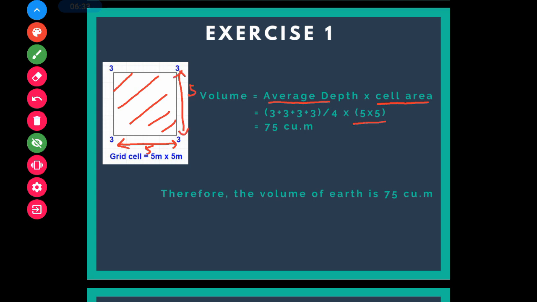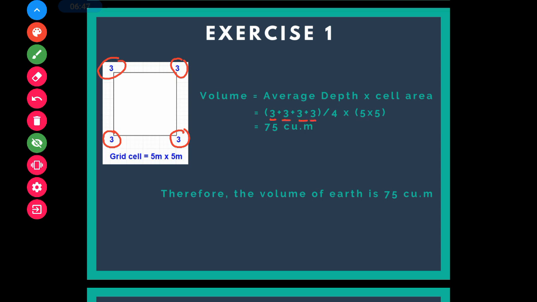And then the average depth, if you look at this grid cell, the depth is the same. So how to get the average? You just add 3, 3, 3, 3, sum up, and then divide by 4 because you have 4 readings of the depth. So once you calculate it, you will get the answer of 75 cubic meter.